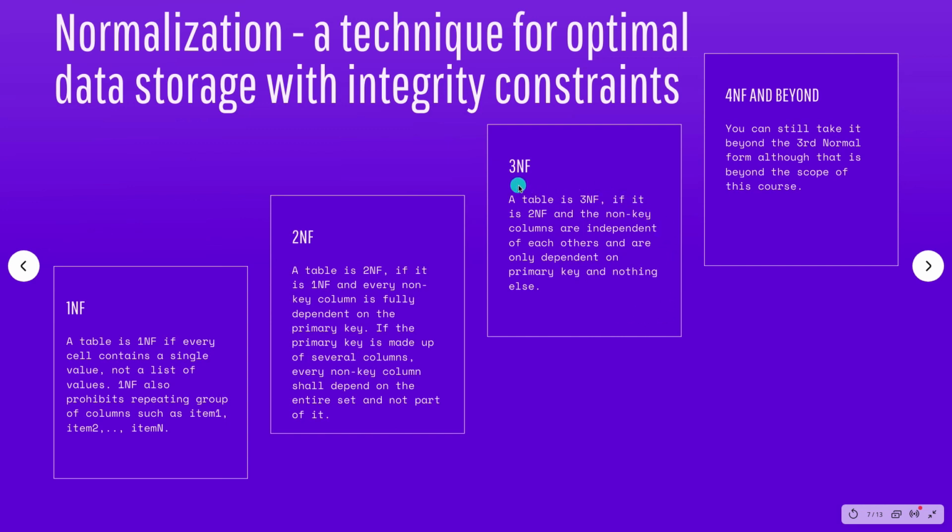When the database is satisfying the third normal form, which is the most popular one, your data is actually stored quite efficiently, redundancies are quite reduced, and integrity constraints are applied appropriately so that the data is efficiently stored.